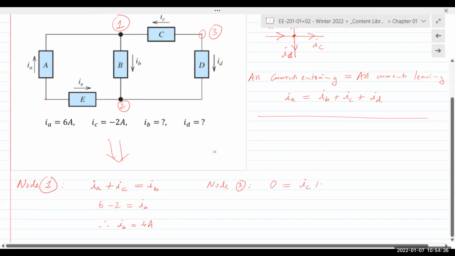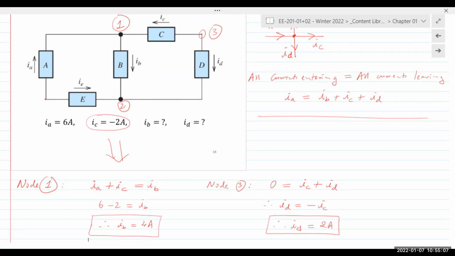So I would have 0 equals IC plus ID. Make sense? And then ID is equal to minus IC, and IC is given as minus 2 amps. And so ID is equal to 2 amps. Does that make sense to everyone? Any questions? Let's take 10 seconds. Let me know if you have any questions.